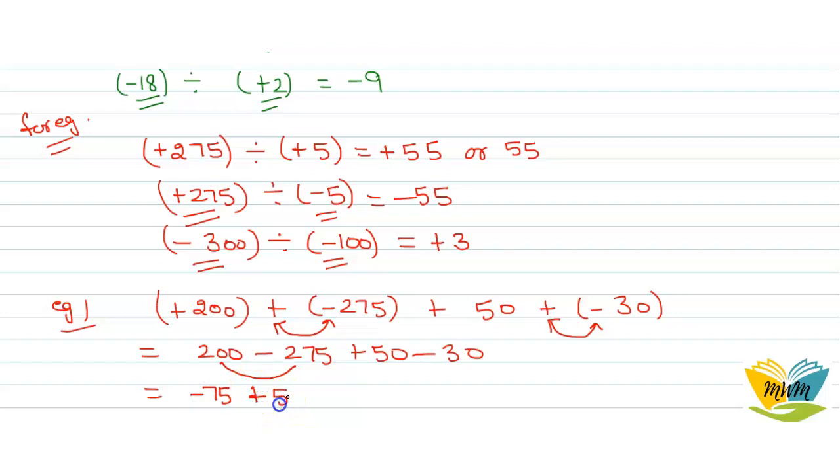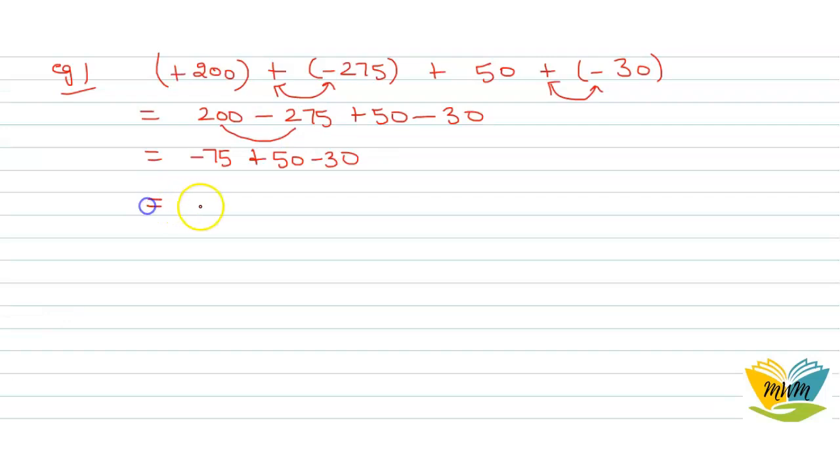Now minus 75 and plus 50, we will subtract these two numbers and get 25. The negative number is greater, so we get minus 25 and minus 30. Minus and minus, we add these two numbers and get minus 55 as our answer.